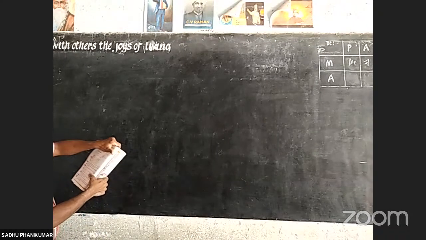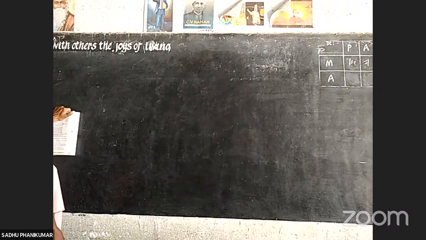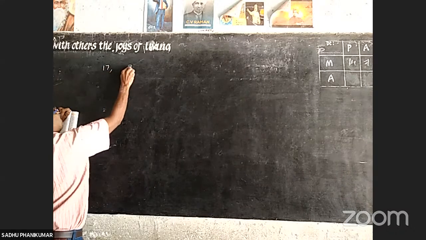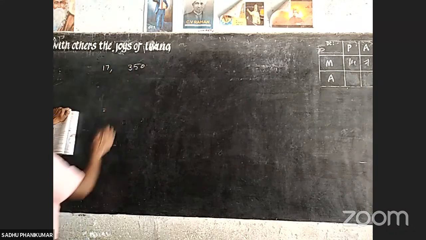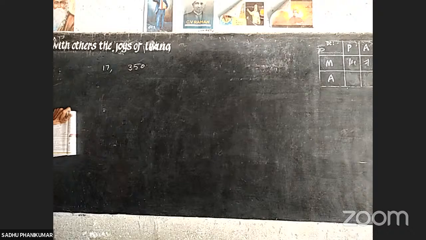Find the first and the last terms of AP. The first and the last terms of AP are 17 and 350.